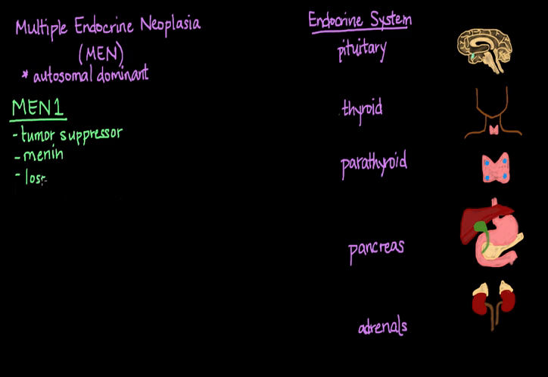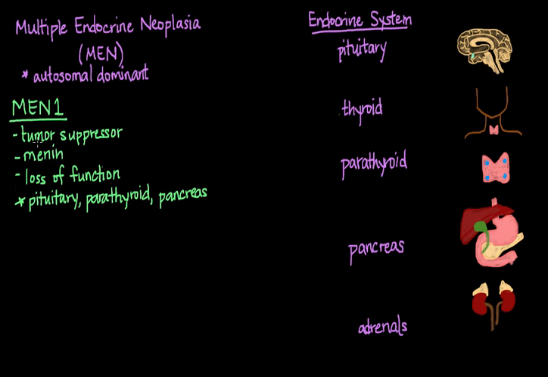And this allows them to divide with little control and thus form tumors. And so these patients tend to form tumors in 3 characteristic areas. The first being in the pituitary gland, the second being in the parathyroid gland, and the third area being in the pancreas, which can manifest in the form of Zollinger-Ellison syndrome and insulinomas, VIPomas, and rarely glucagonomas.